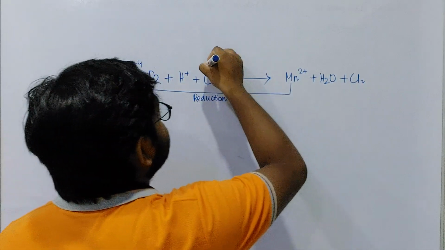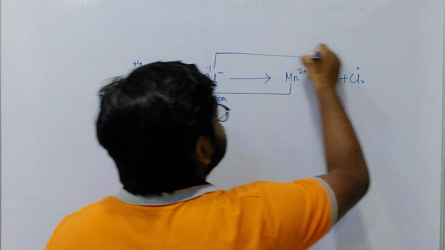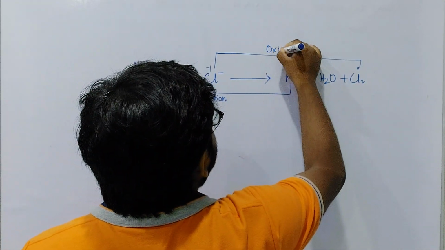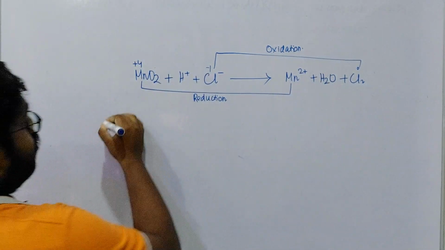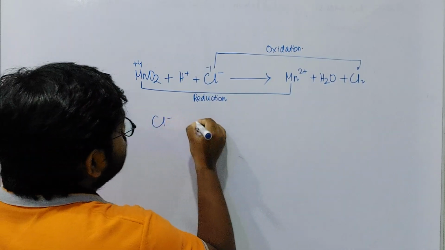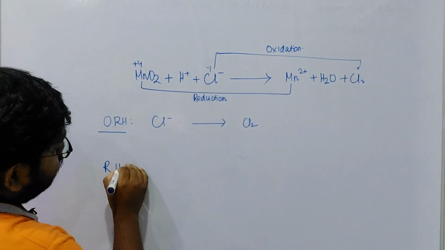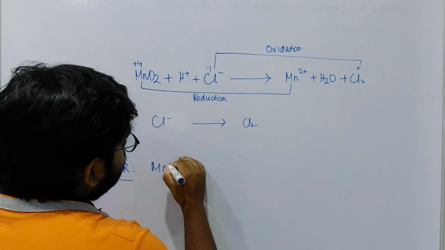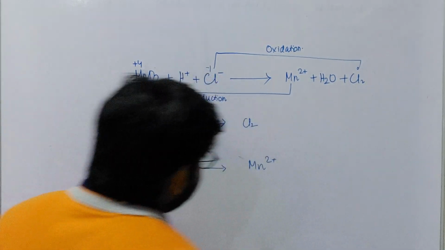Cl- is -1, and Cl2 is 0. So from -1 to 0, an increase of oxidation number, it is oxidation. So the oxidation half reaction is Cl- into Cl2, and the reduction half reaction is MnO2 into Mn2+.